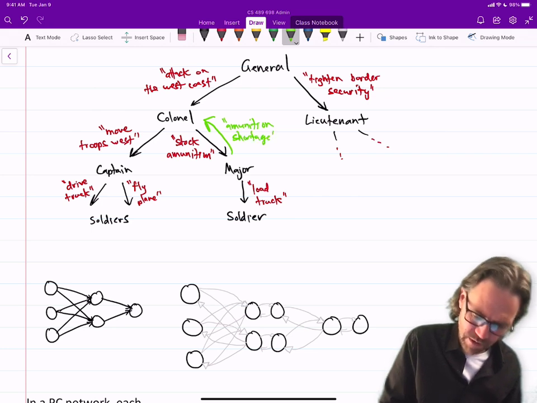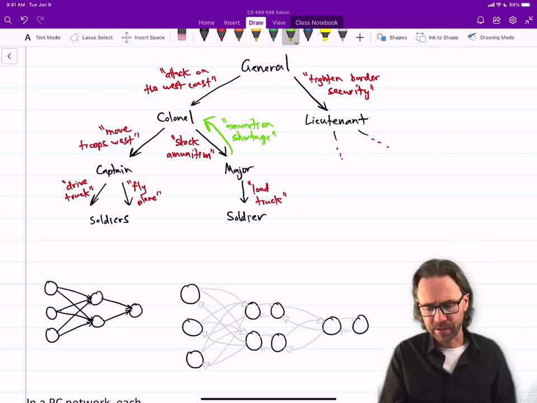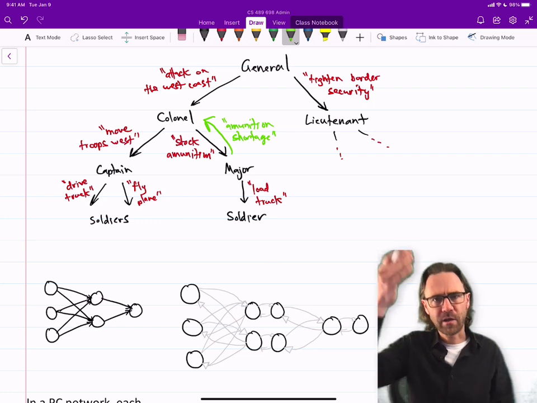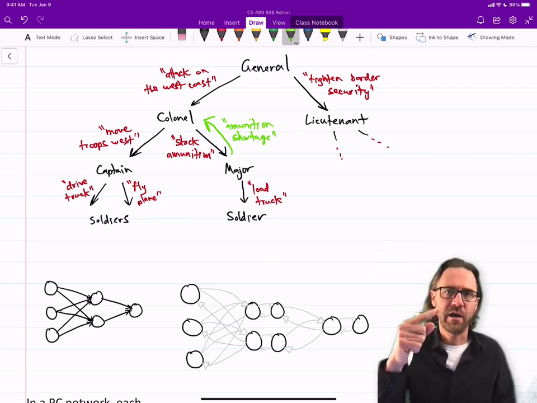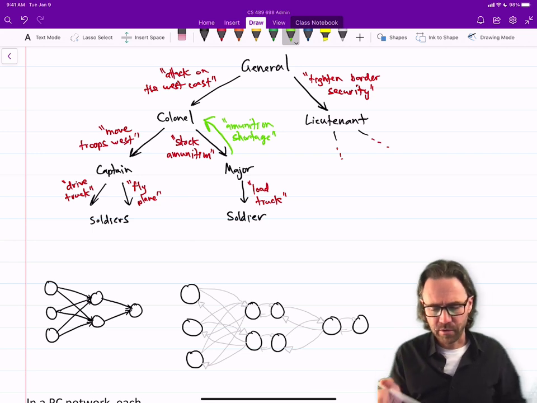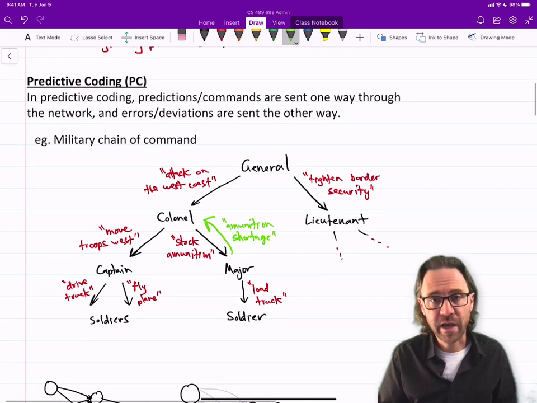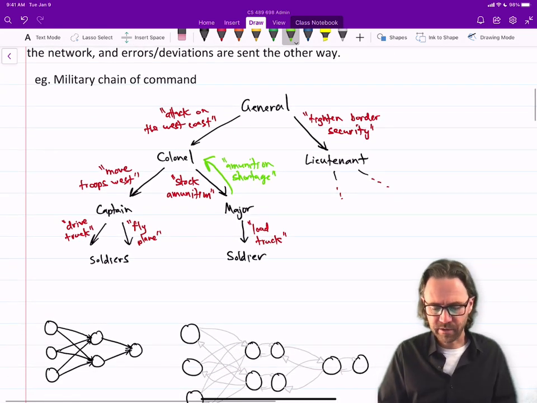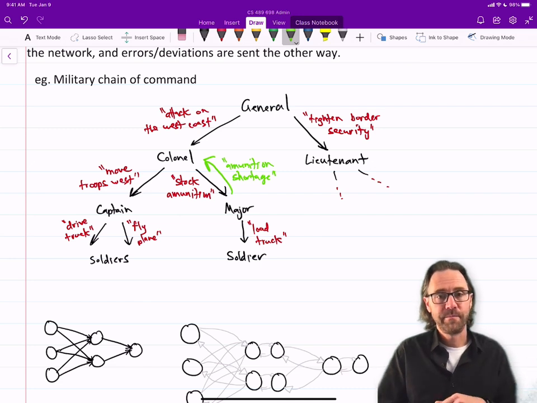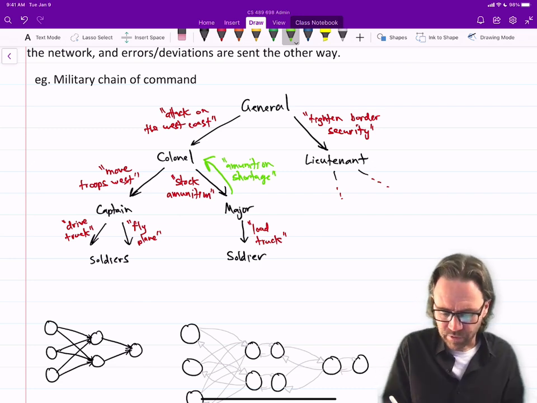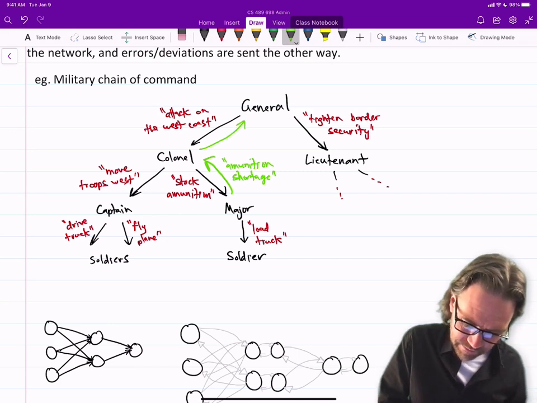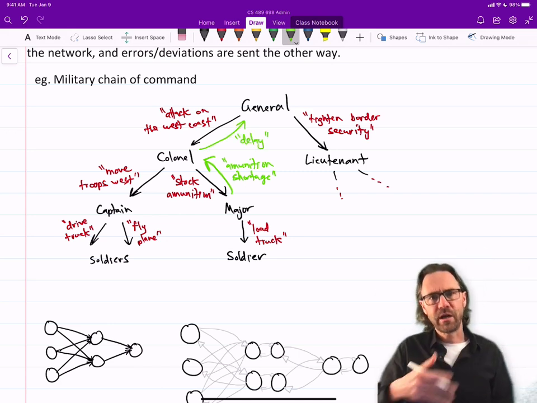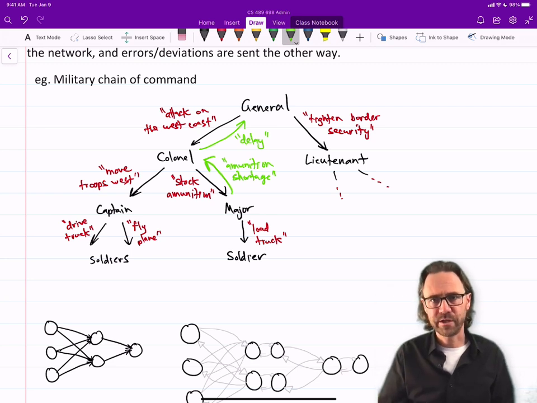So there's not enough ammunition. So that's an example of a command being sent down in one direction and an error or deviation from that command being sent back up. And then the colonel would report to the general that there's a delay. So commands are sent down, deviations from those commands are sent up.